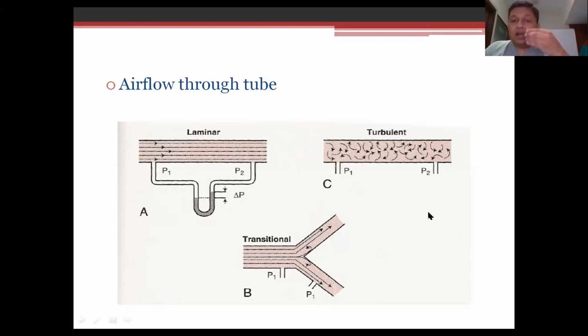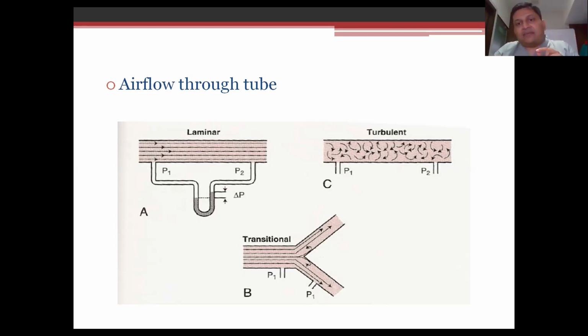Why are low resistance and laminar flow required in the periphery? Because when we take active inspiration, as you all know from the FEV1, in the initial part of inspiration the flow is very high, and in the later part of inspiration the flow is very low. With low flow, the pressure is very low. So when the air reaches the terminal part of the respiratory tree, it will not have the same force to go into the airways.